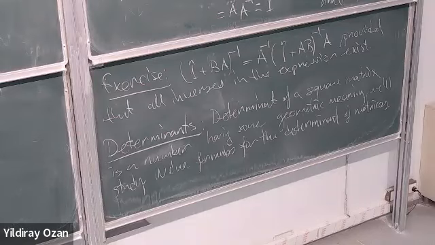A, B, C, P, Q, R, X, Y, Z. What is the determinant of this? Well, again, it's an expression which you cannot keep in mind, but I'll write it once.